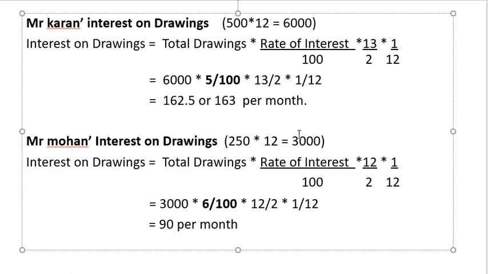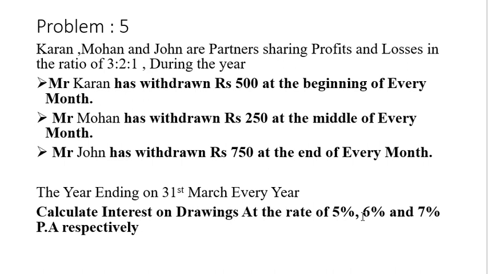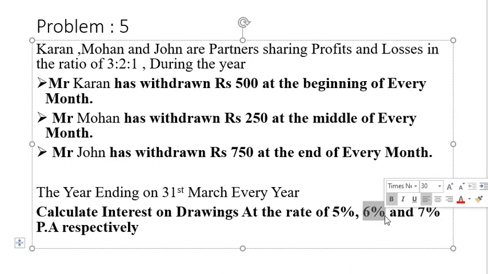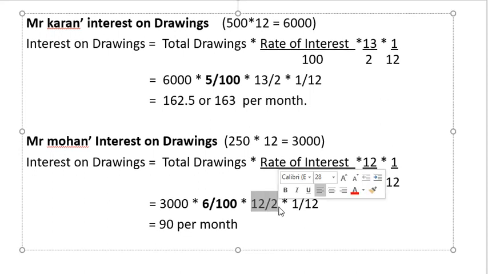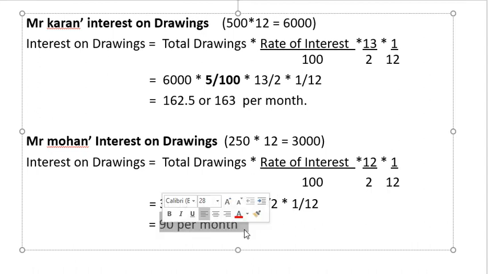So the total drawing, we have calculated here 3000 rupees. Apply here 3000 into 6 by 100. So 6%. You can see here the second partner's interest is 6% per annum. So 6 by 100 into 12 by 2. Since this is the middle of the month, you should apply 12 by 2 into 1 by 12. So the answer is 90 rupees per month. This is for Mr. Mohan.